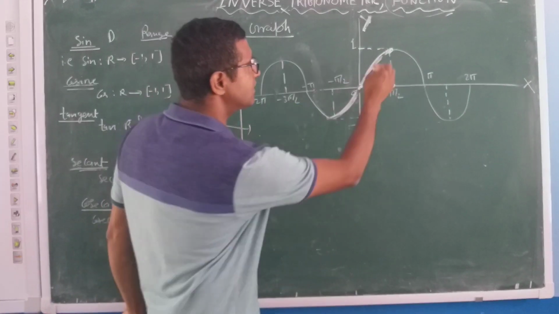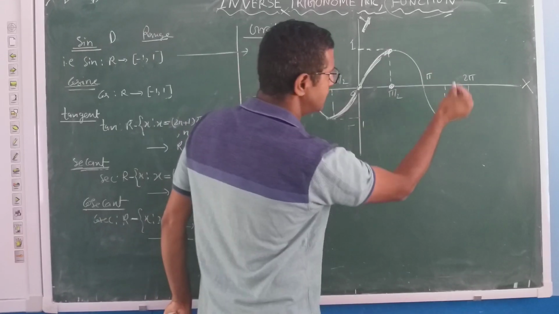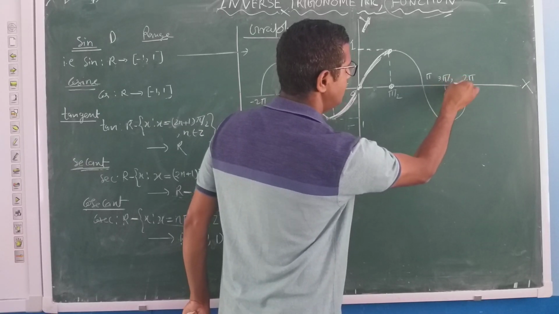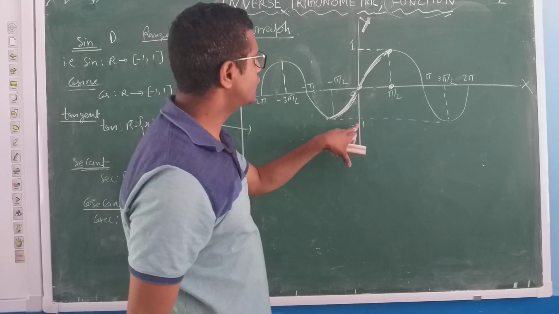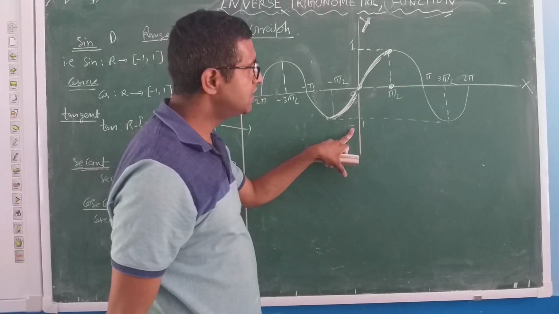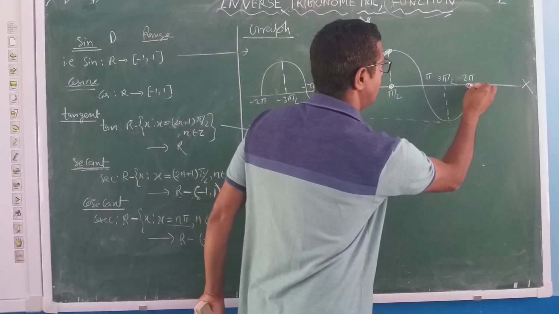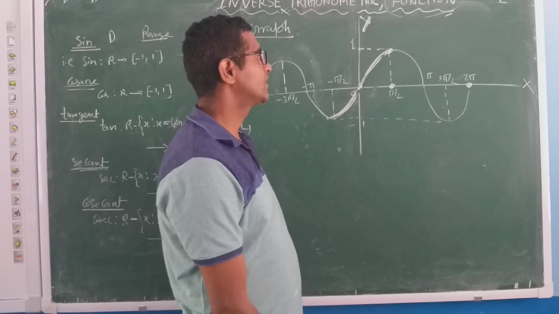If x equals pi, you get again 0. If x equals 3 pi by 2, the corresponding value of y is minus 1. If x equals 2 pi, you get the value of the function again 0.